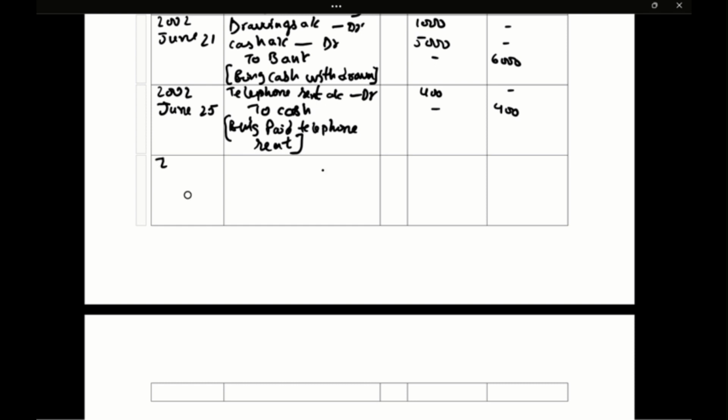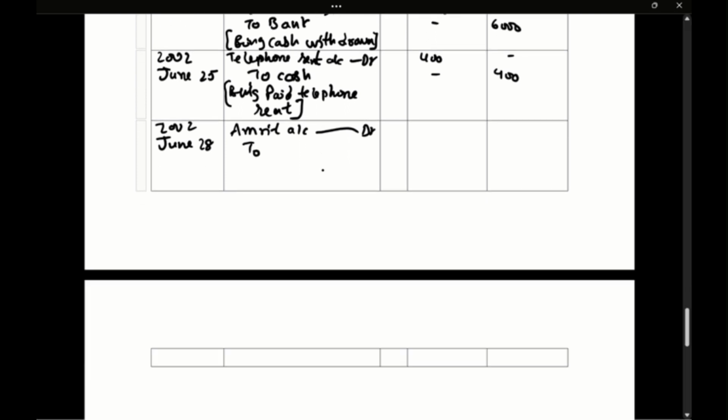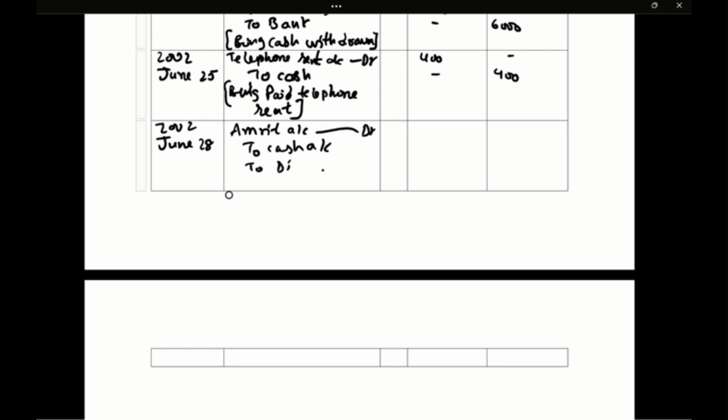So 2002, June 28th, and the entry will be Amrit account debtor to cash account and to discount account.